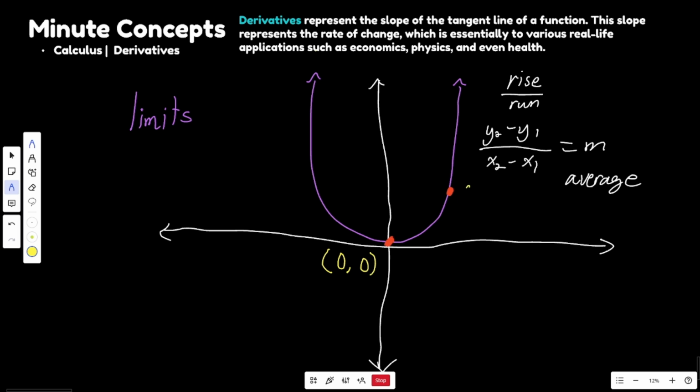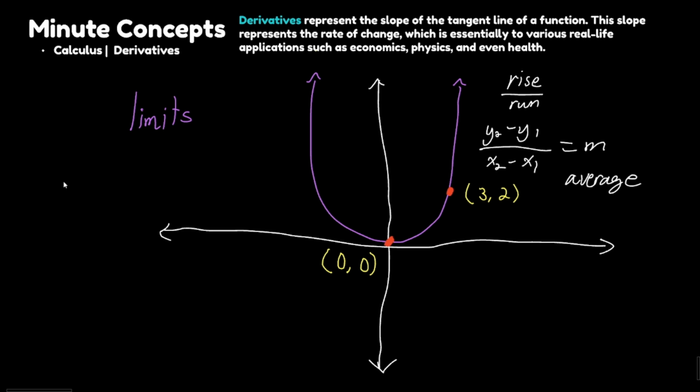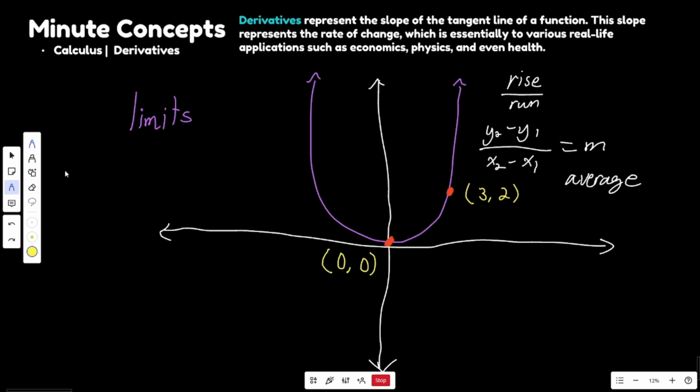And this one is, let's say, around 3, 2. Using this formula, our average slope would be y sub 2, which is 2, minus 0, over x sub 2 minus x sub 1, which is 3 minus 0. So our average change would be 2 over 3.